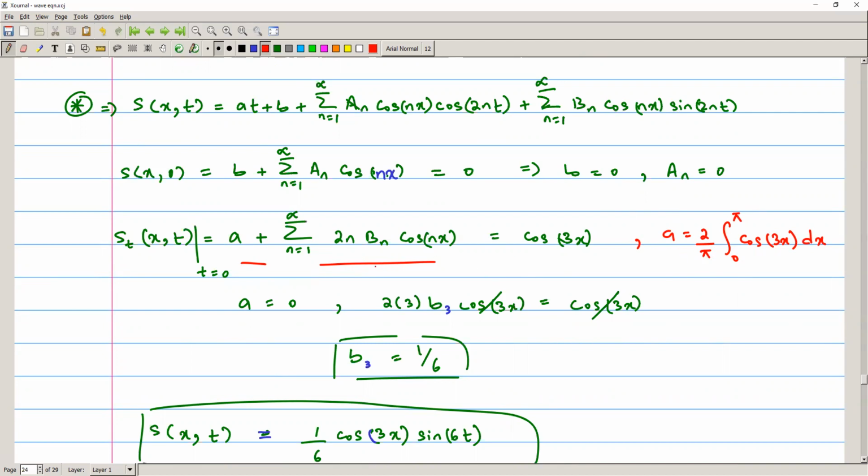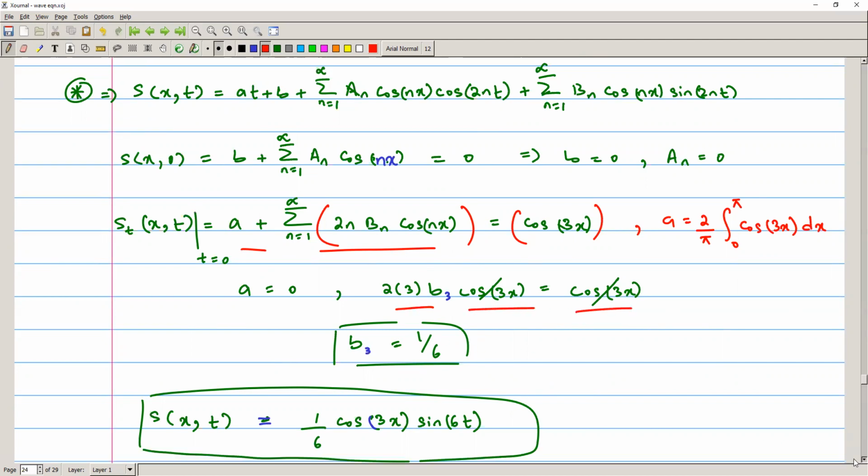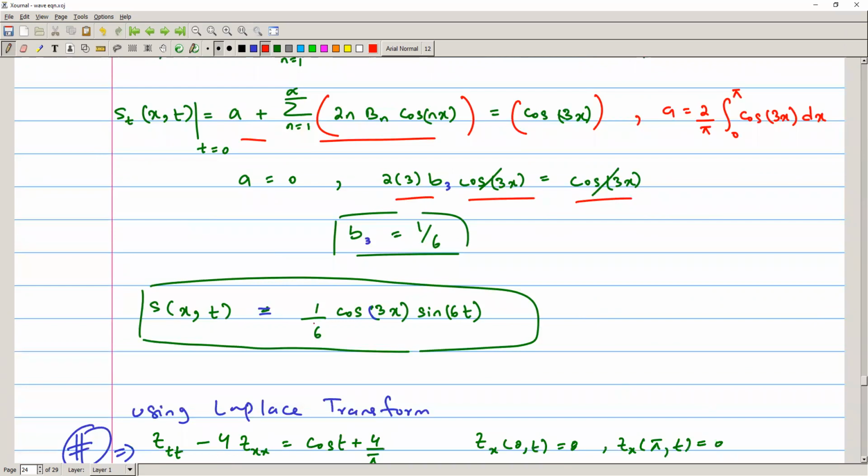Therefore, A is 0, and for b_n, we can compare this with this coefficient, and we only have 3x here, therefore we will get b_3 only, right? So by comparing the coefficients, we get b_3, that is 1 over 6. So finally, the solution for S(x,t) is 1 over 6 times cos 3x times sin 6t, right?